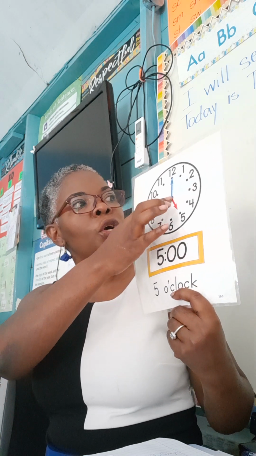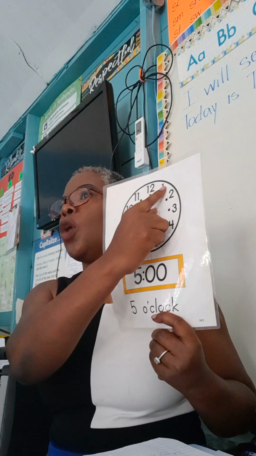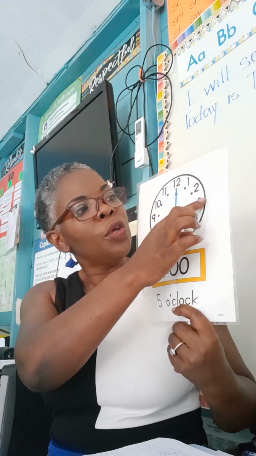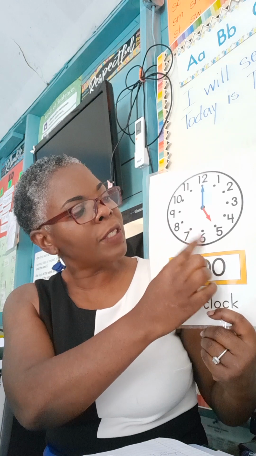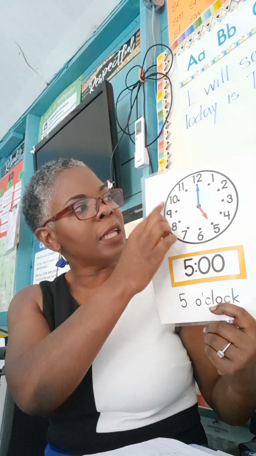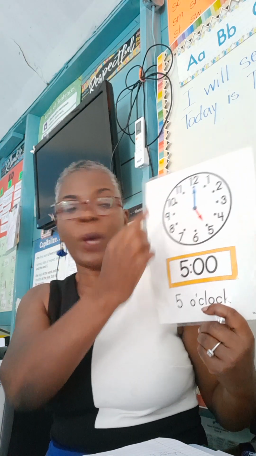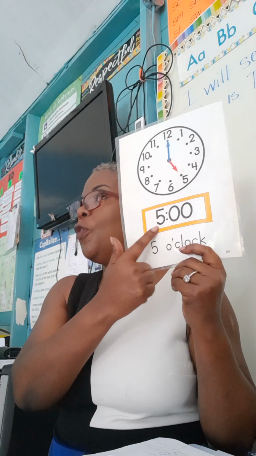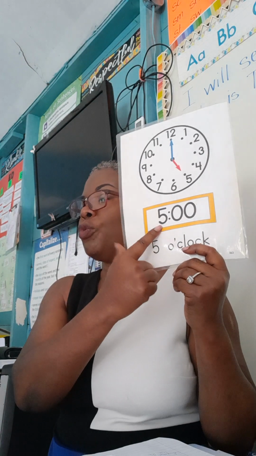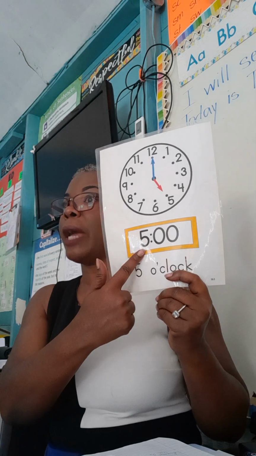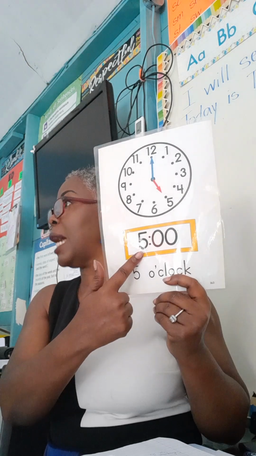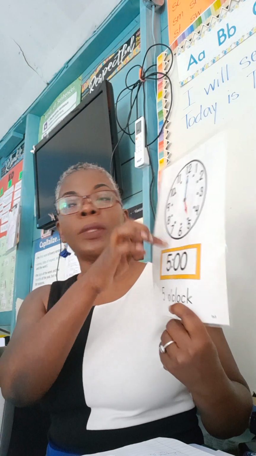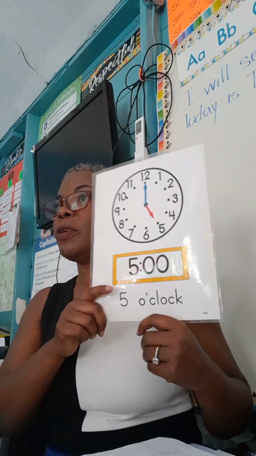All right. So when we're counting the hours, we count by ones. 1, 2, 3, 4, 5, 6, 7, 8, 9, 10, 11, 12. So from 1 to 12 will be the numbers written here. If you have a number bigger than 12 written here and you're not doing army time, then something is wrong with your answer. Then when we count the minutes, how many minutes are there in an hour?